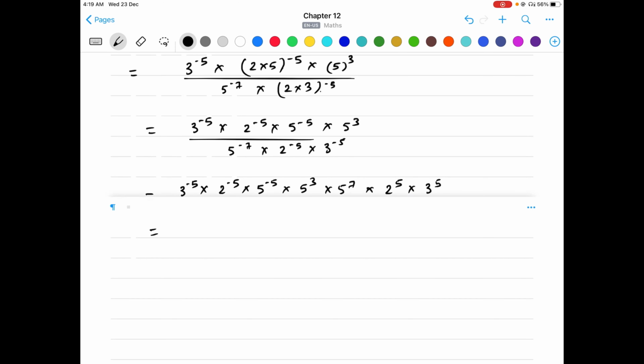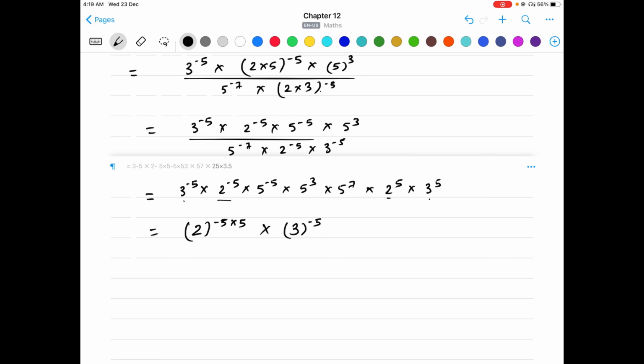Now we're going to add the powers of the common base. We have 2 here and 2 here, so we write the common base number 2, and its power will be minus 5 plus 5. Then multiply. Next, the common base number 3: we have 3 here and 3 here, so this will be 3 power minus 5 plus 5.